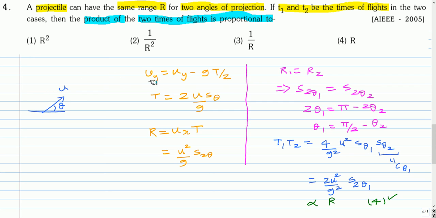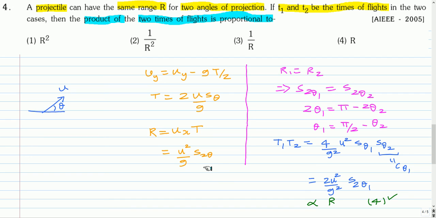Using the equation Vy equal to uy minus g times T by 2, where T by 2 is half the total flight time, with uy as u sine theta and Vy 0 at the highest point, we get capital T as 2u sine theta by g. From this we get the range as ux into capital T, and ux is u cos theta. So from there we get the range as u square by g sine 2 theta.